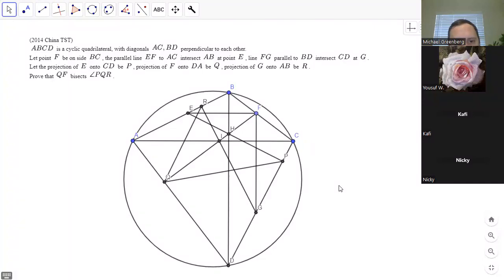But that one was a triangle. We have a cyclic quadrilateral here. Yeah, maybe we could extend A, B, and C, D, and yeah. I mean, we want to show we have a harmonic bundle, right?